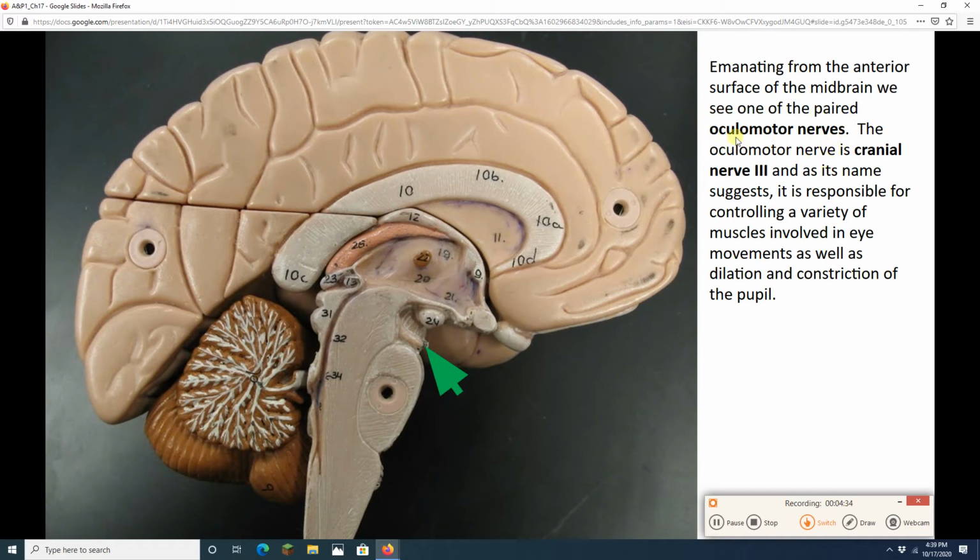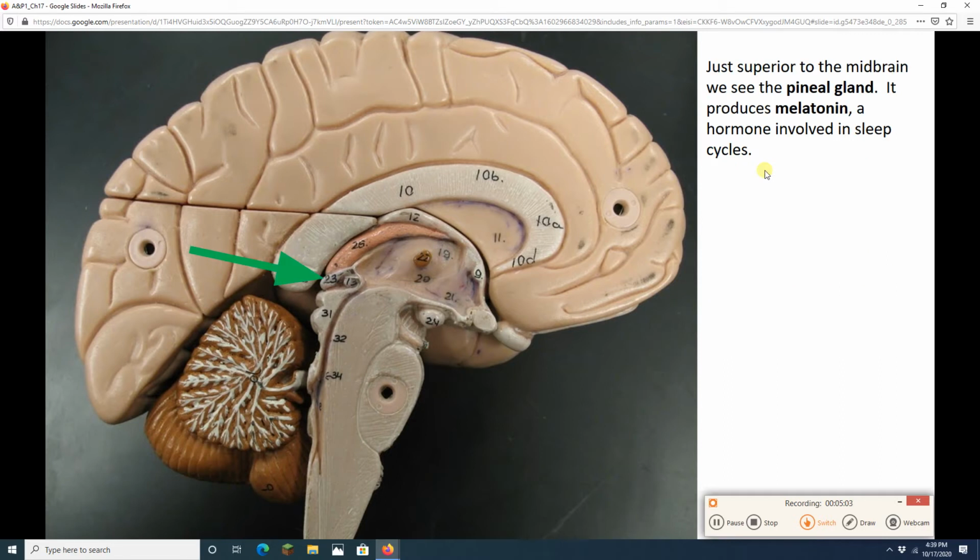Most of your eye movements, in fact, are going to be in response to the oculomotor nerve. It is also known as the third cranial nerve, number 3. It does a lot of eye movements. It's also involved in dilation and constriction of your pupil.